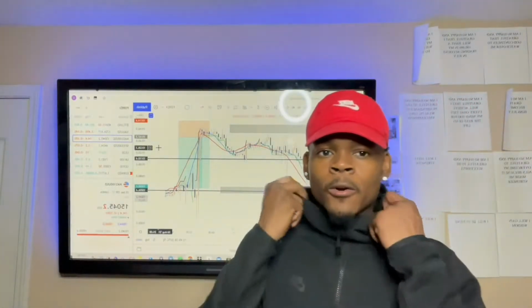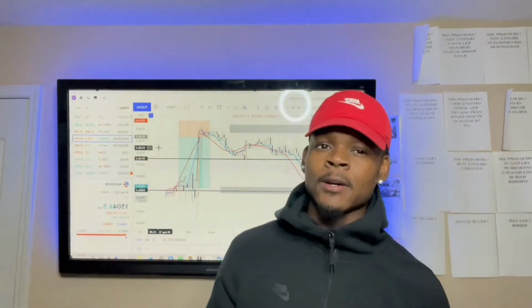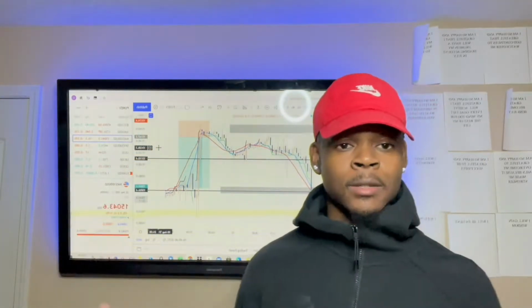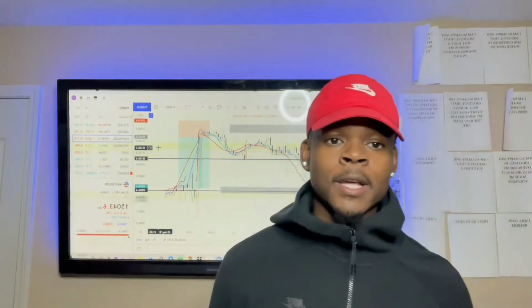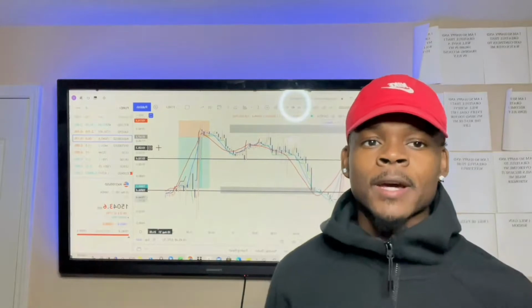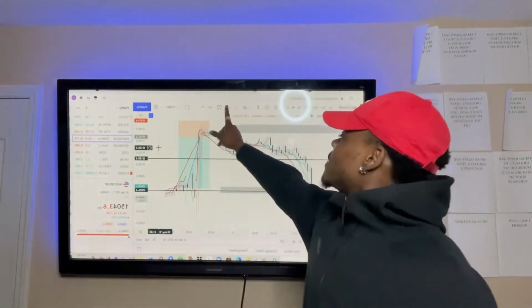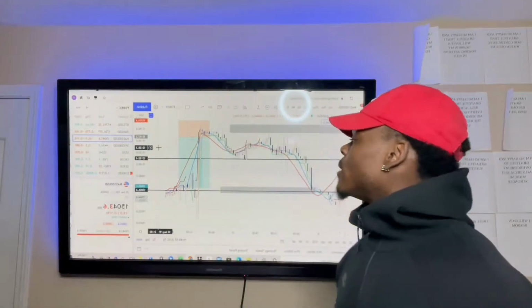So therefore I know, okay, if it ends up going back up that high and hits my stop loss, or ends up going back that low and hitting my stop loss, then more than likely it's a continuation pattern. And look, let's not lose more money than we have to here. So that's why I like to set it that way.